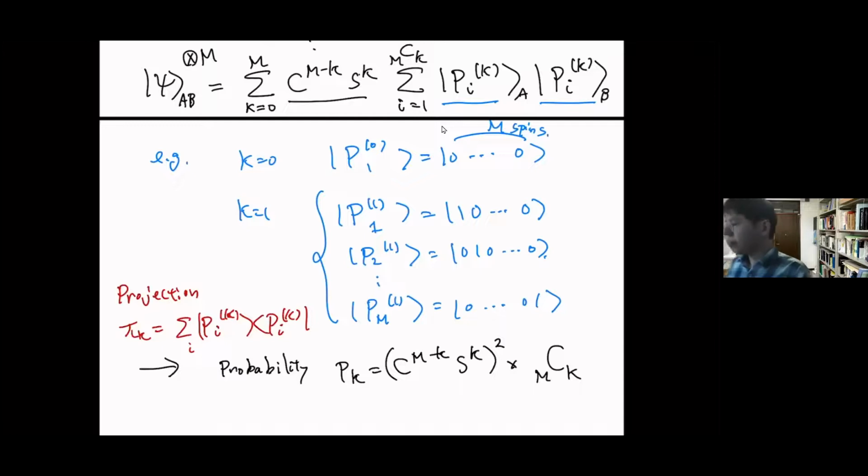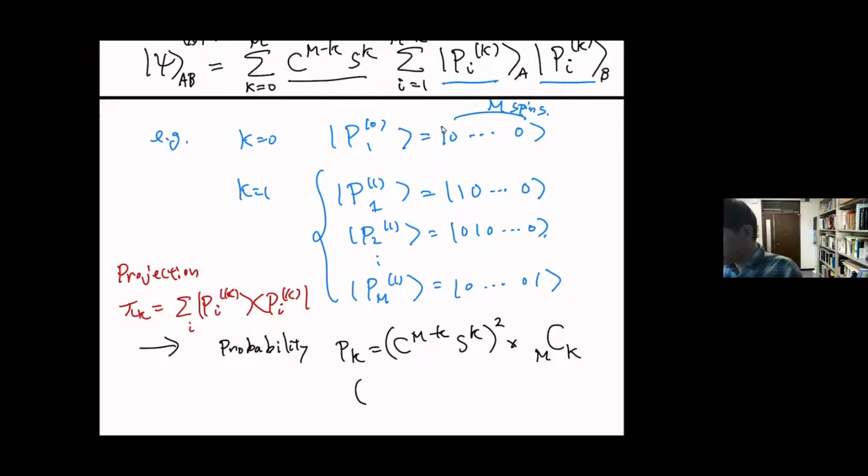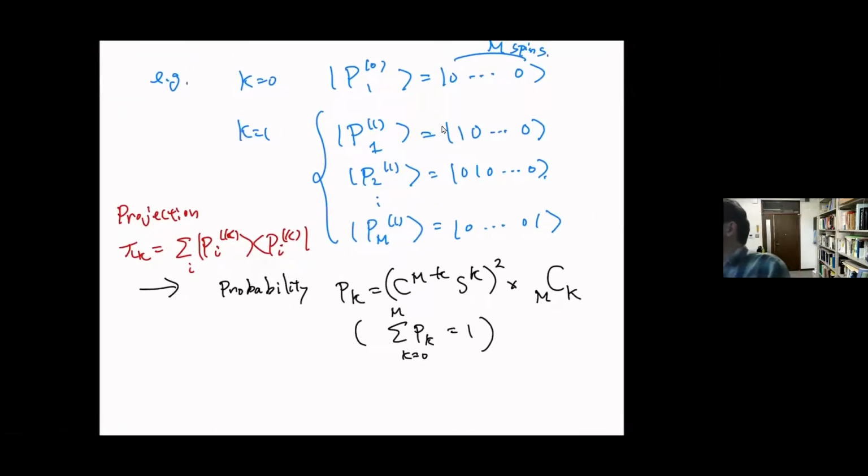Of course, you can confirm that the sum over p_k from k equal 0 to M equals 1, which is just the binomial formula.